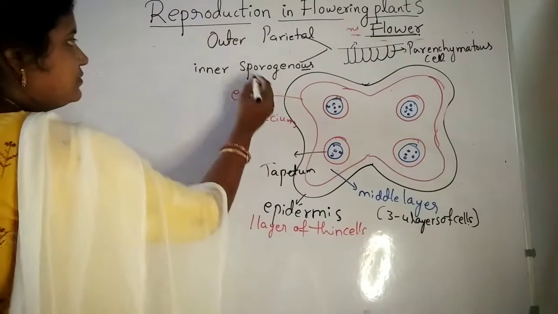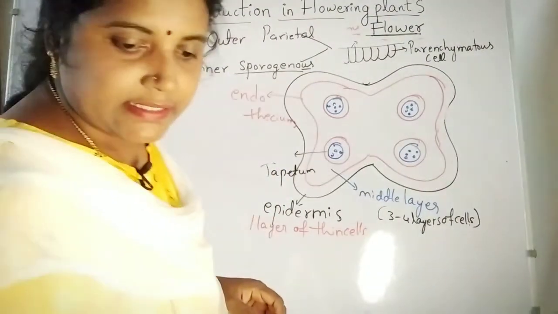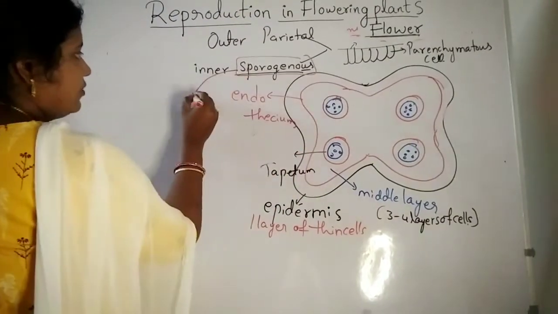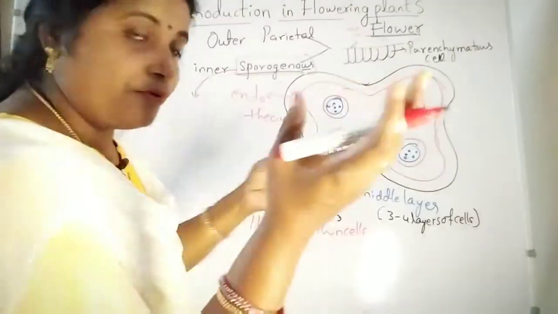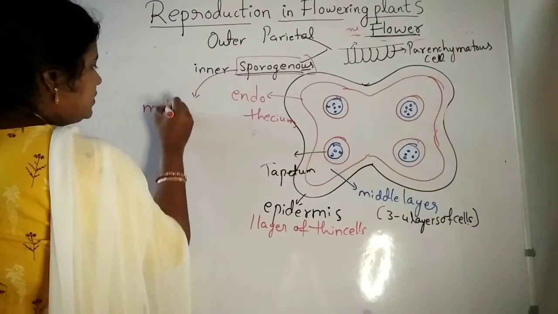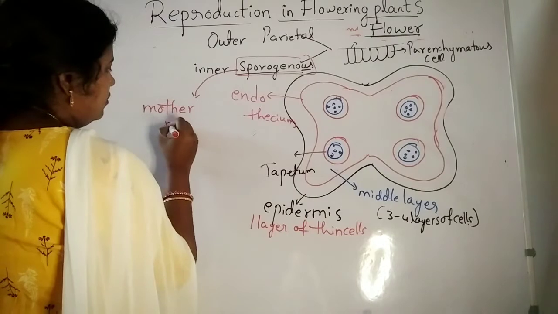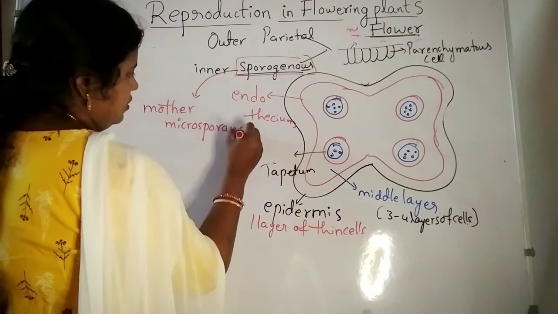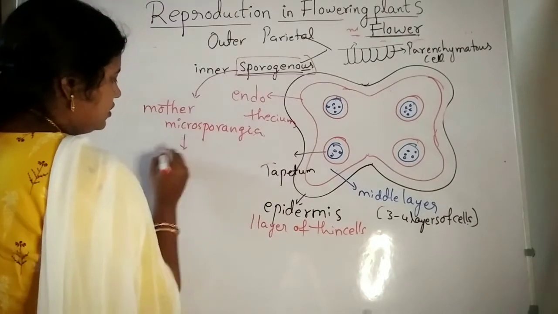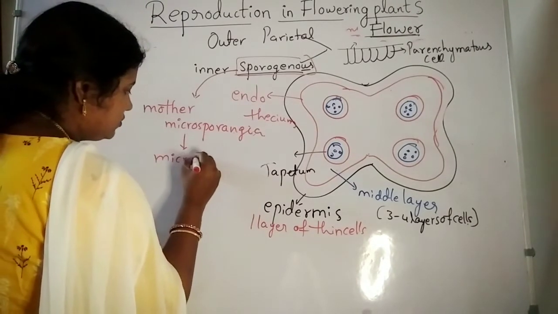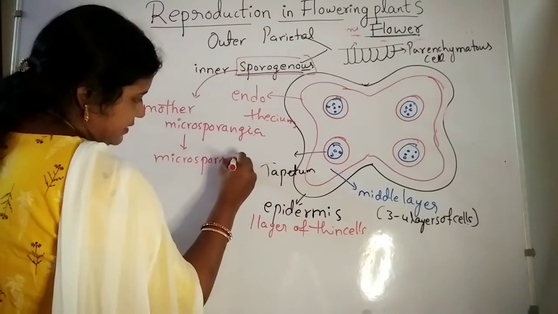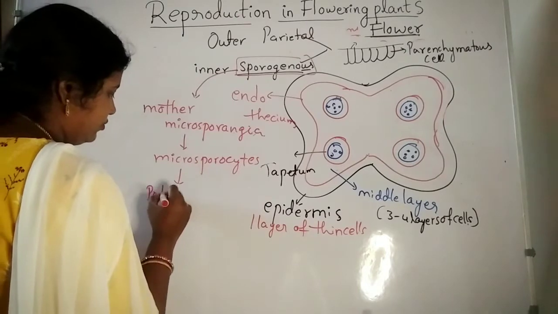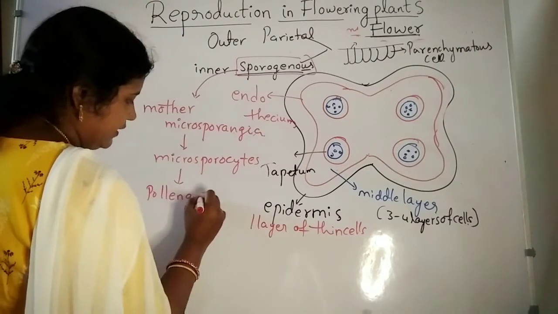See here, this inner sporogenous cells are going to produce mother microsporangia structures. So this microsporangia is producing microsporocytes, and they are going to form pollen grains.